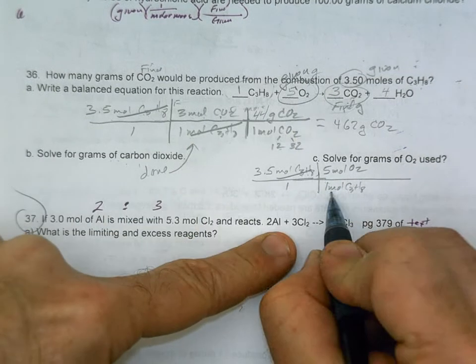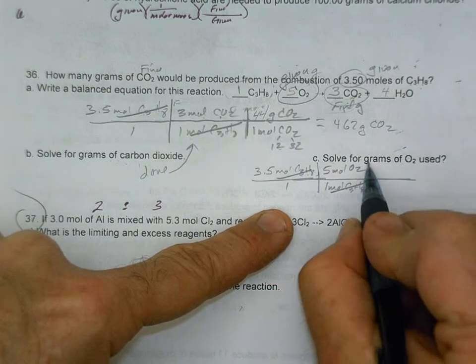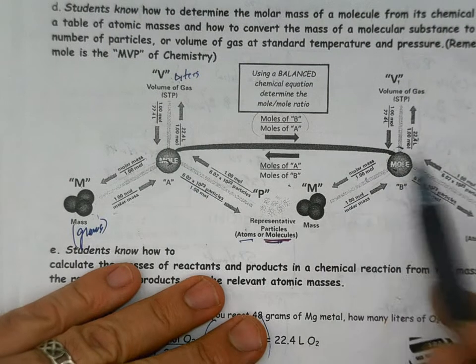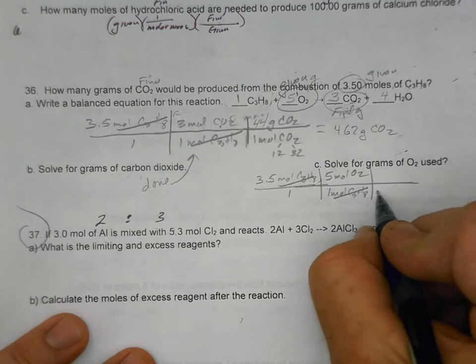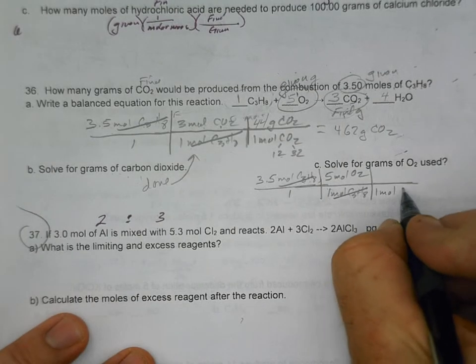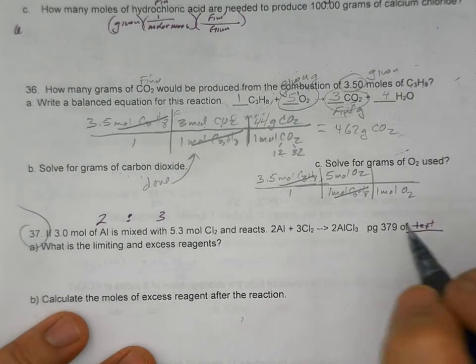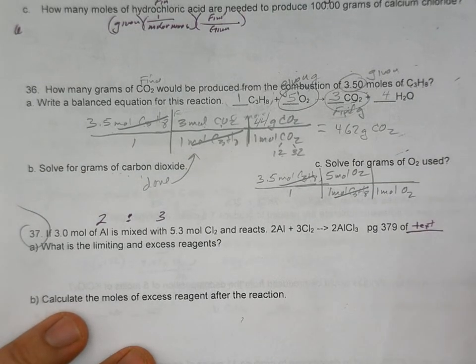Moles of propane will cancel out. And now we've started there, we've jumped over to here. We just need to multiply by the molar mass of O2. Group 8, 1 mole of O2 is going to be how heavy? What's 16 times 2? All right, anybody else?